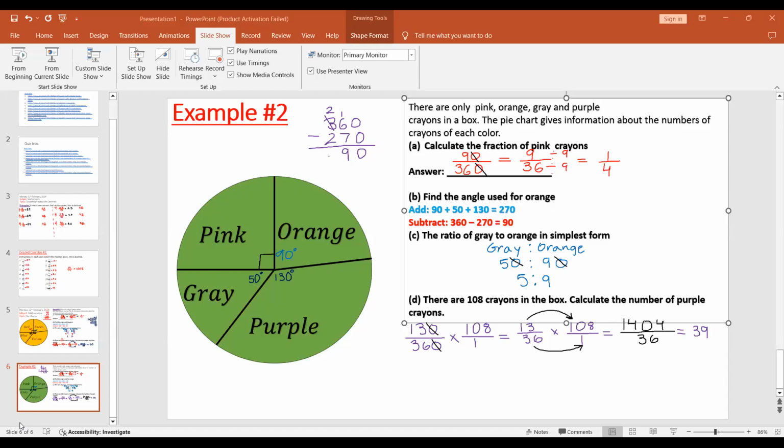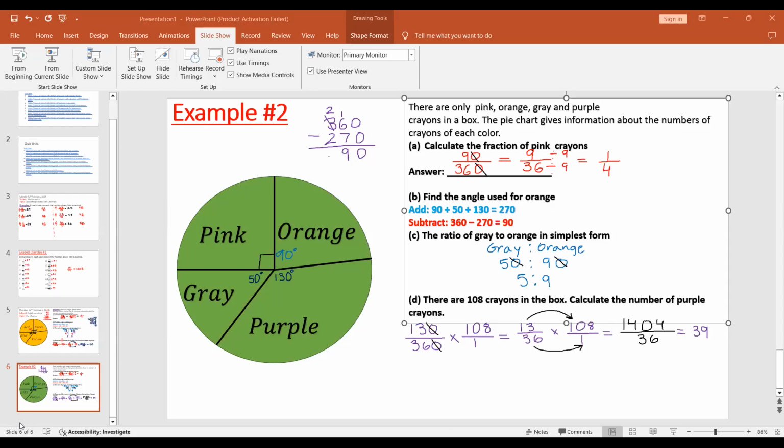And then for B, you have to find the angle used for orange. So to find that, you have to add pink, which is 90 degrees, gray, which is 50 degrees, and purple, which is 130 degrees. And that all equals 270 degrees. Then you subtract 270 degrees from 360 degrees, which would be 90 degrees, and that would be the answer for orange.